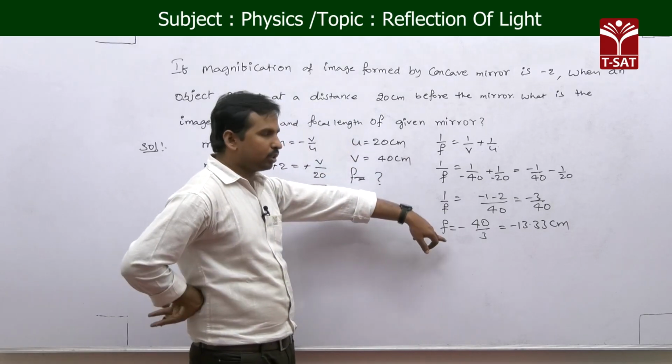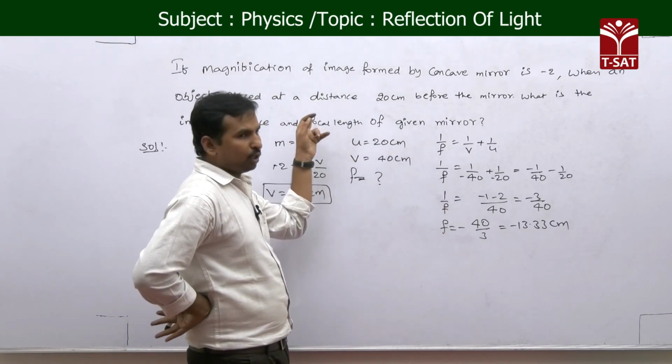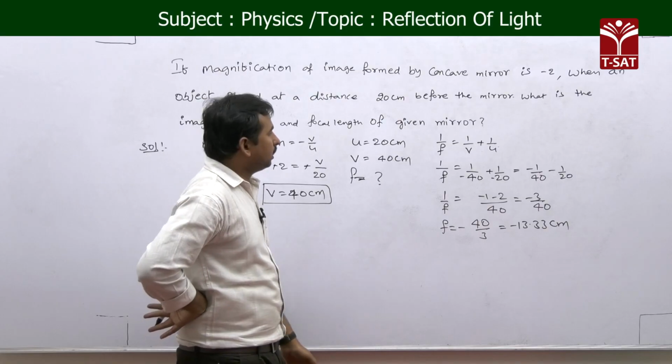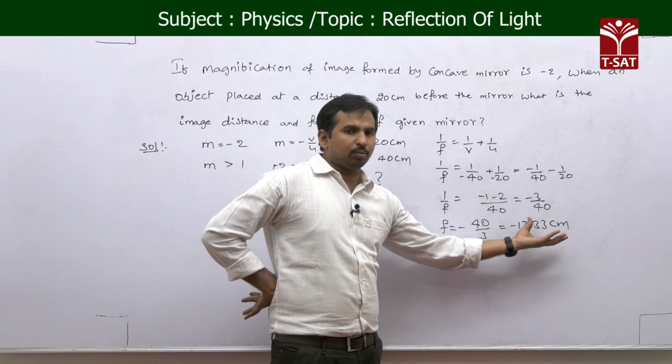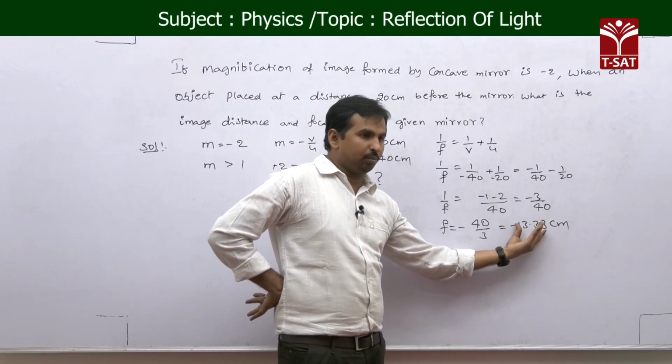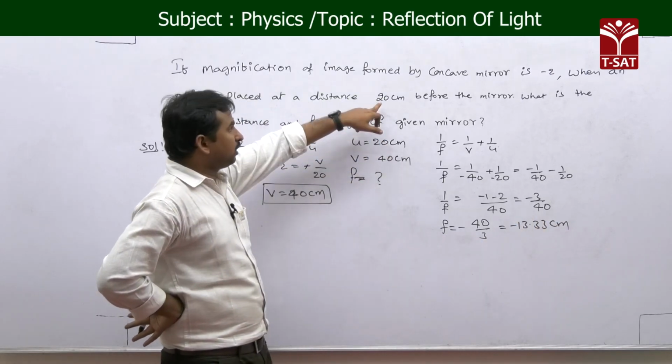So this is the focal length we got for the given concave mirror. And if you observe the ray diagram, the focus is at minus 13.33, which is 13.33 centimeters, whereas the object is at 20.